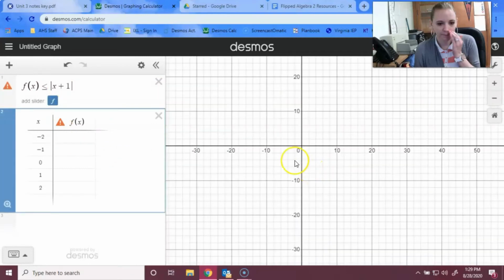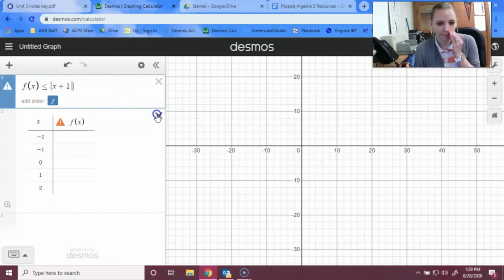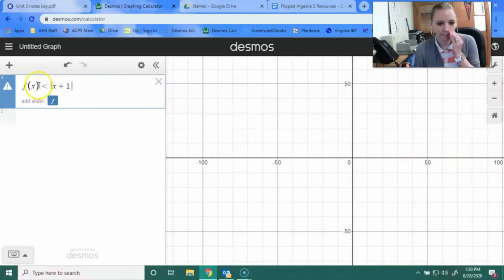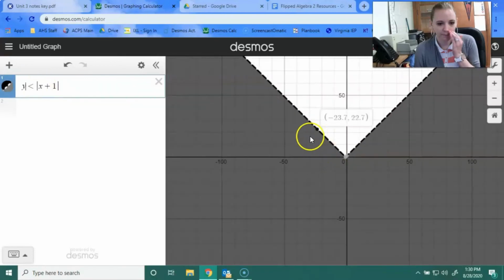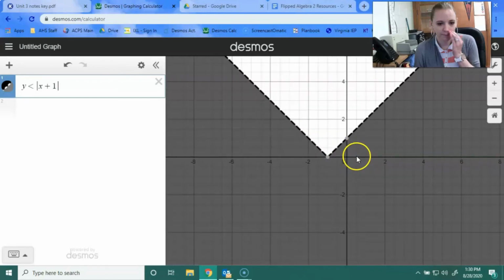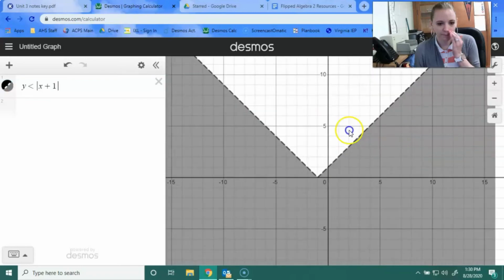Okay. Alright, what do they want here? Oh, it's not equal. Silly. Okay, well, it's still not showing up. So, let's see if changing this to y makes a difference. Yes, it does. Alright, so it looks like we have to stick with y when we do the inequalities here in Desmos. Alright, and there's my V graph.